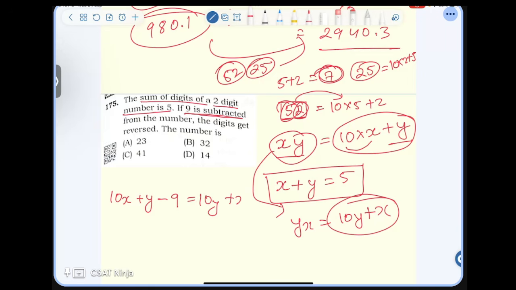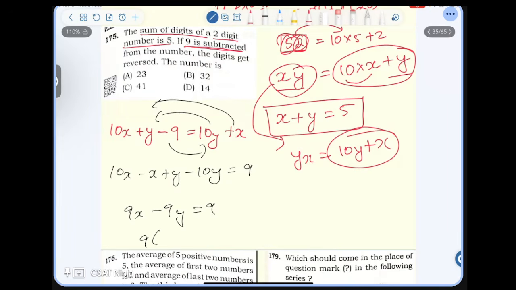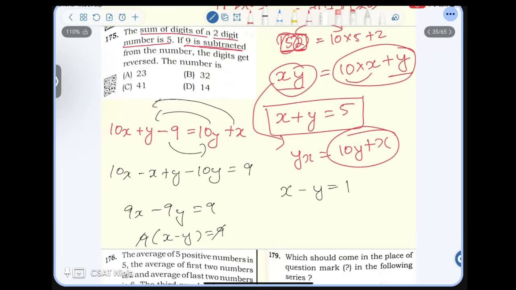10y plus x. Now if I solve this, I'll just transfer around. 10x minus x plus y minus 10y is equal to 9. I'm transferring this one this side, this one this side, and this one this side. So 9x minus 9y is equal to 9. If I take 9 common out, x minus y is equal to 9, so 9, 9 cancel. That means x minus y is equal to 1.